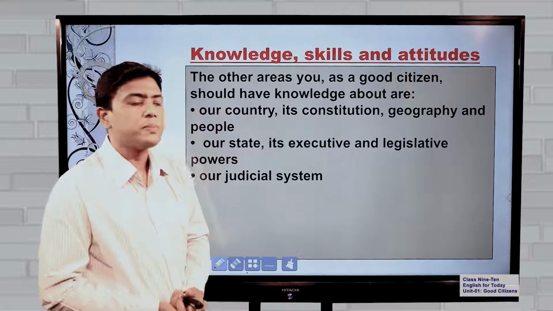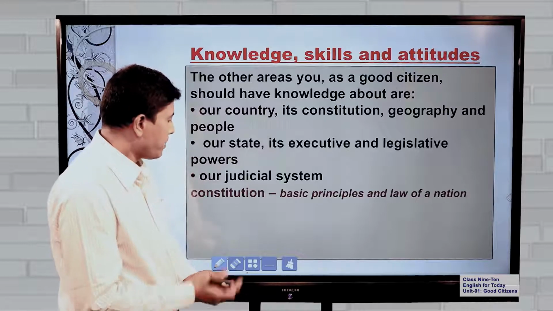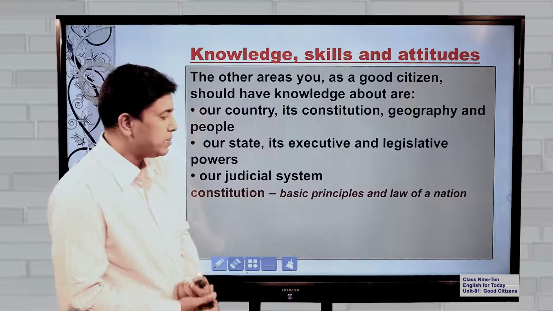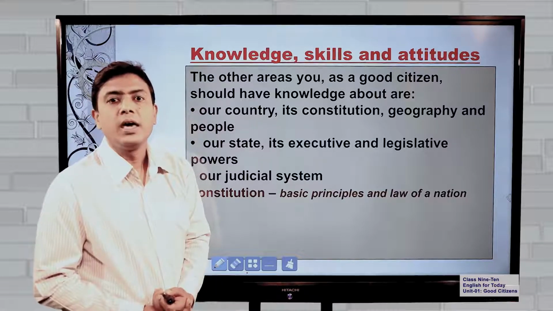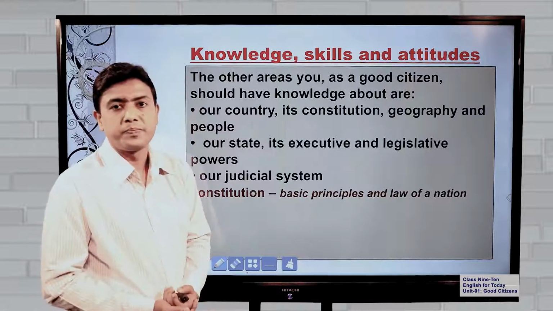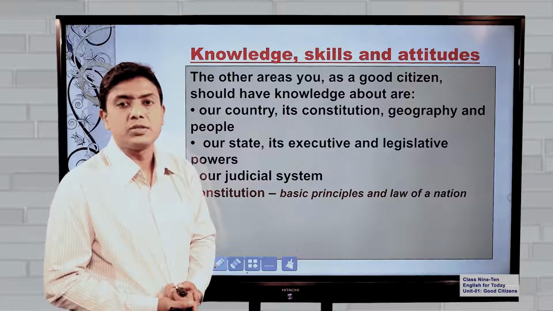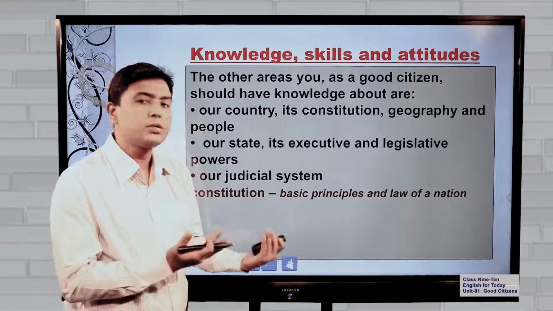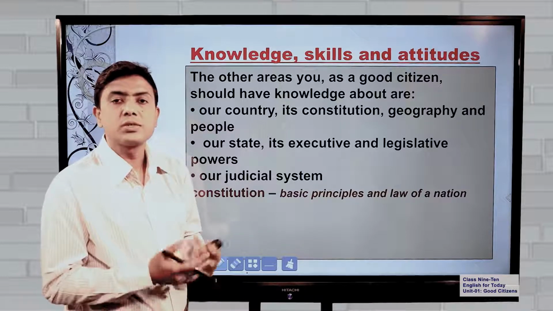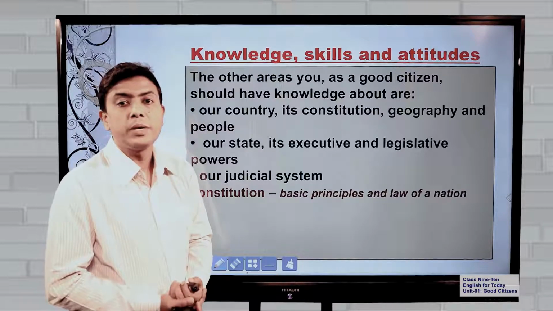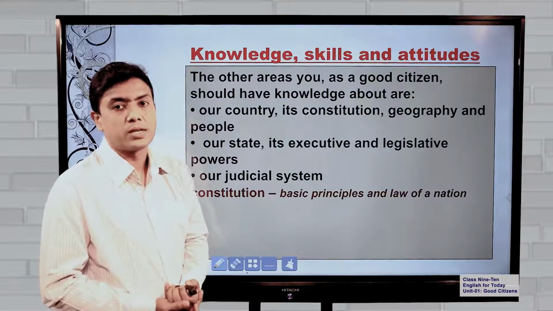Now, what do we mean by them? First of all, by constitution, we mean basic principles and law of a nation. In fact, it is a guideline. It is a printed guideline of a country, how a country is going to be governed, how it is going to operate, how it is going to serve the people, serve the citizens of the country.